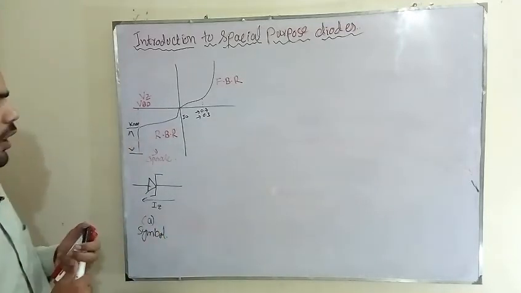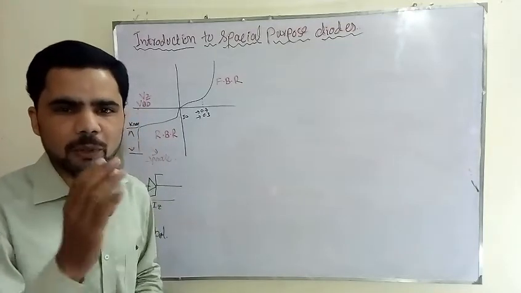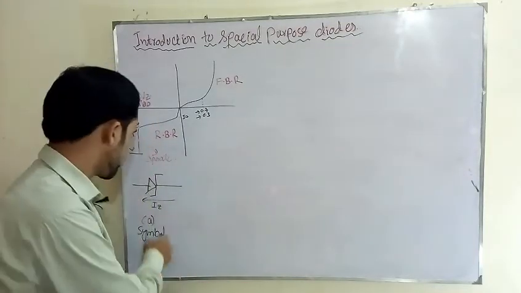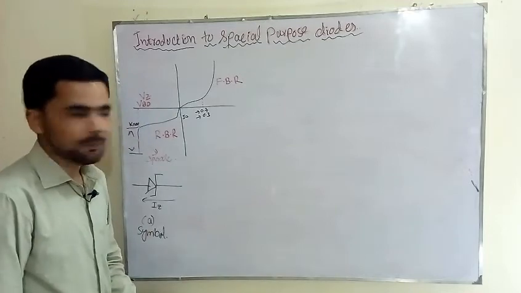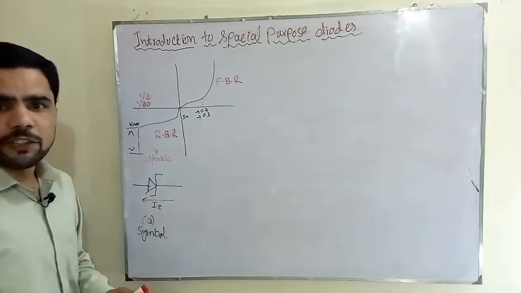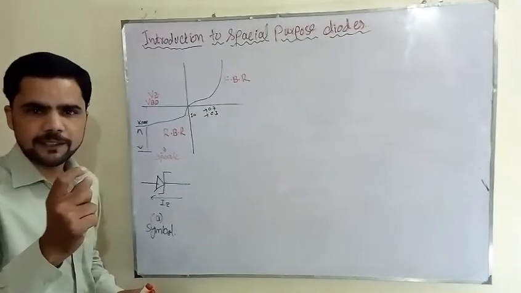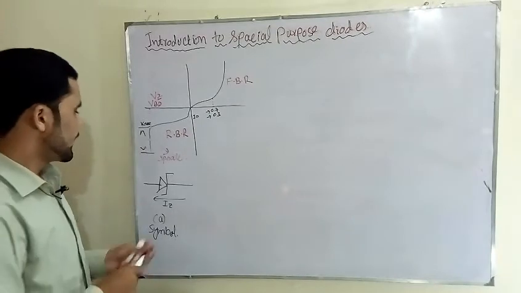Now how do we draw the equivalent model of this symbol? From this diagram I will show you how the equivalent model is created.